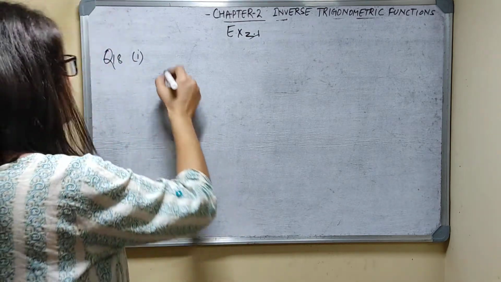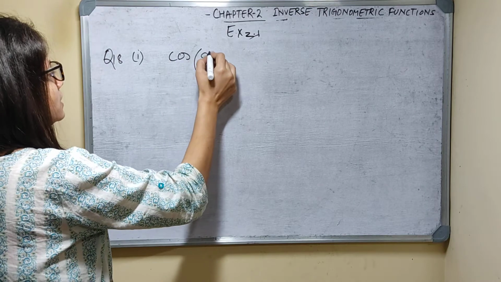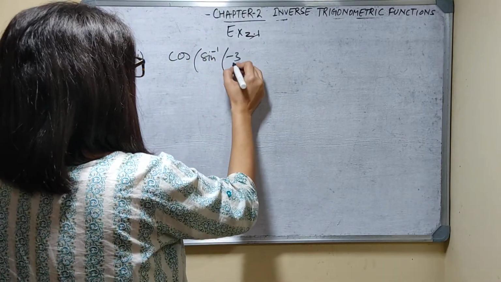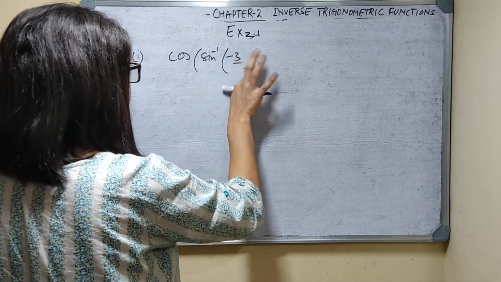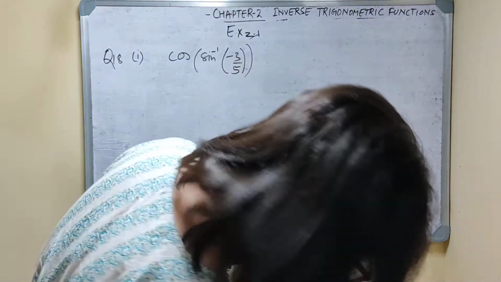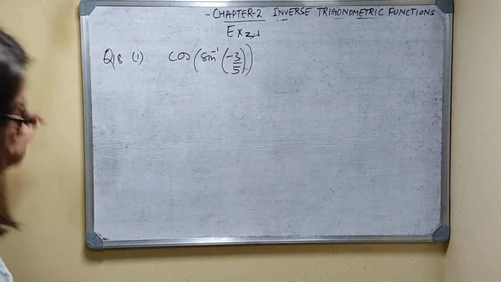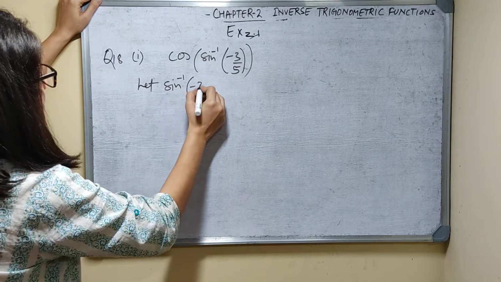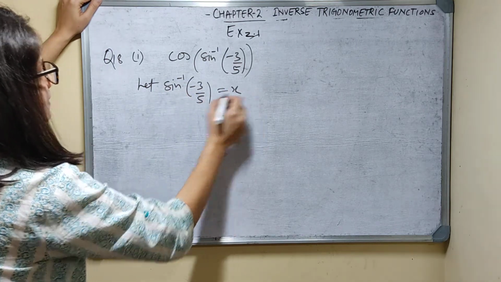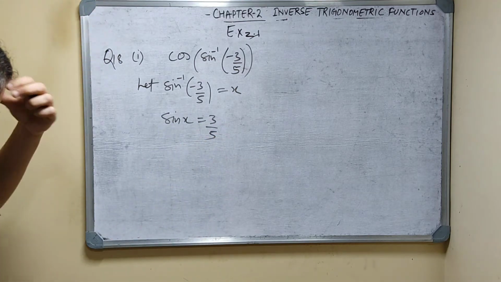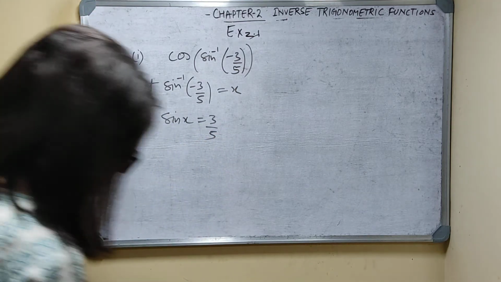Evaluate the following: cos of sine inverse minus 3 by 5. So let sine inverse minus 3 by 5 be equal to x. So sin x is equal to minus 3 by 5.